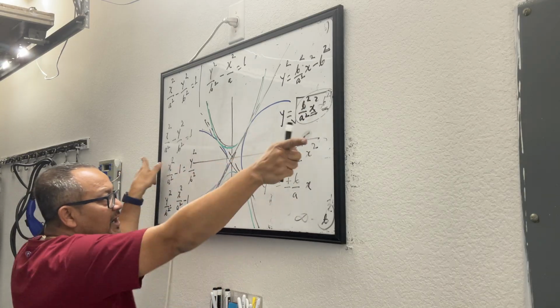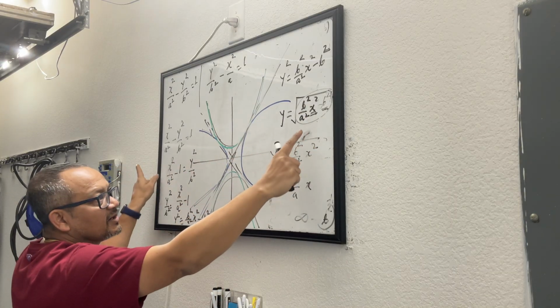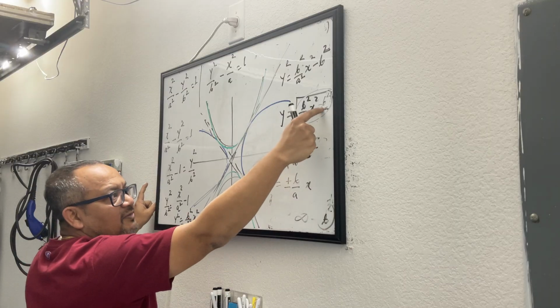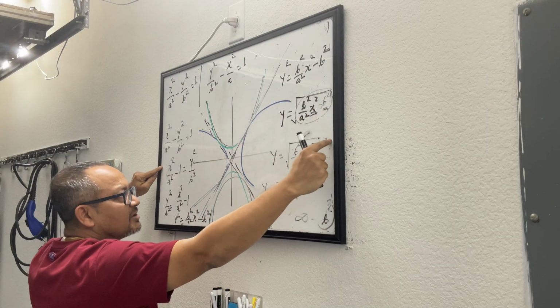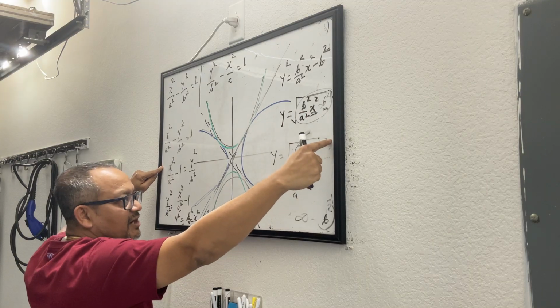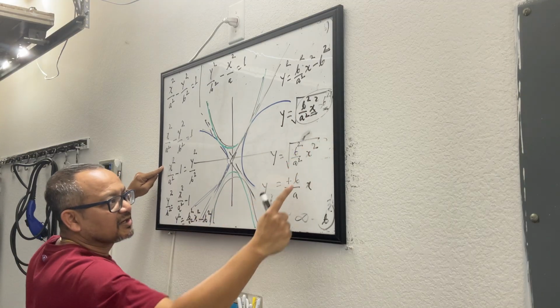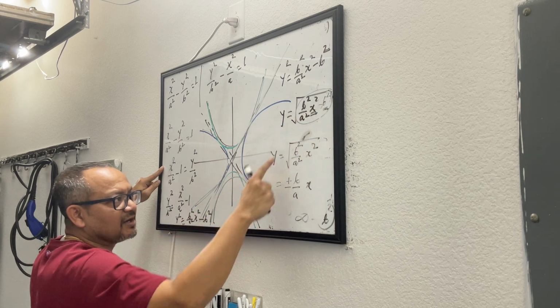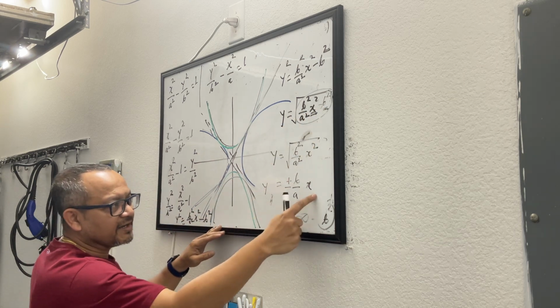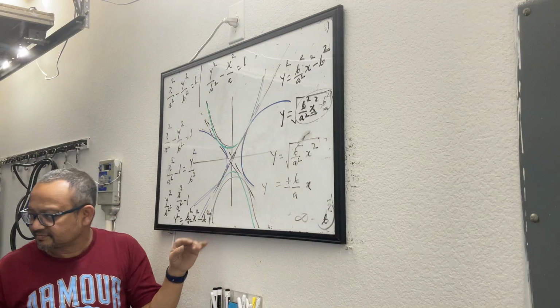So for very large or very small value of x, this part of the equation becomes irrelevant. We are just looking at the borderline conditions, the extreme ends on both sides. In that case, this becomes irrelevant, and then your values of y and x are related this way.